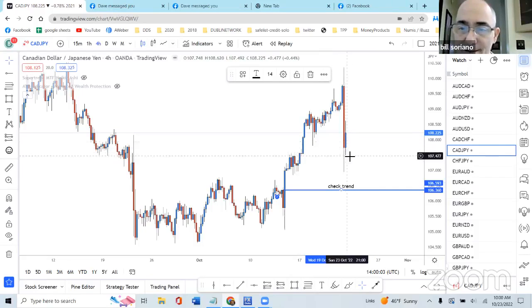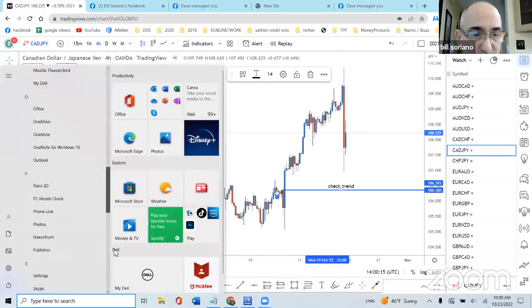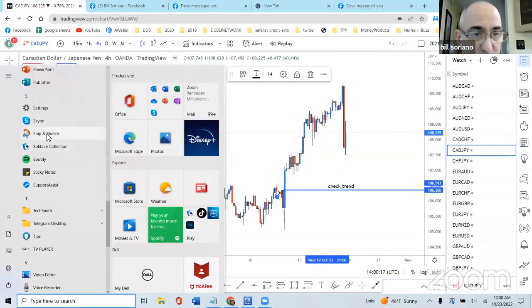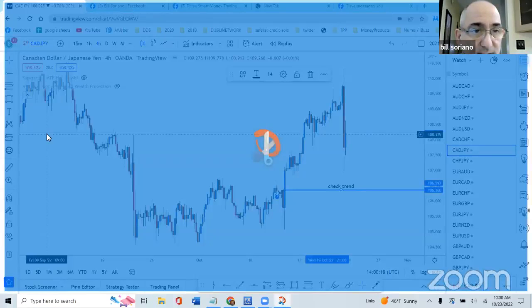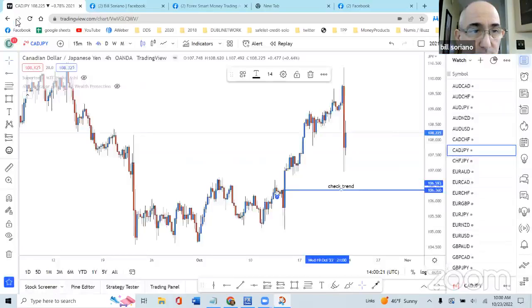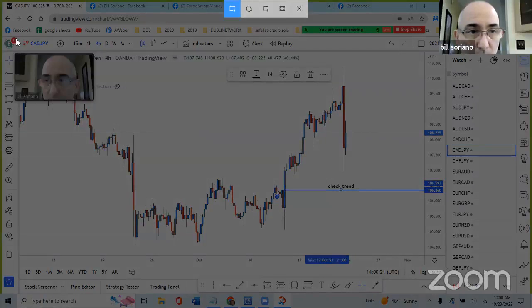If it kind of just makes more of a straight move down here, flags down from here, right? Let me show you this here, because this is going to be the last pair that we go over. So let me see if I can show you what I'm looking for here. I have to use my snipping tool here.